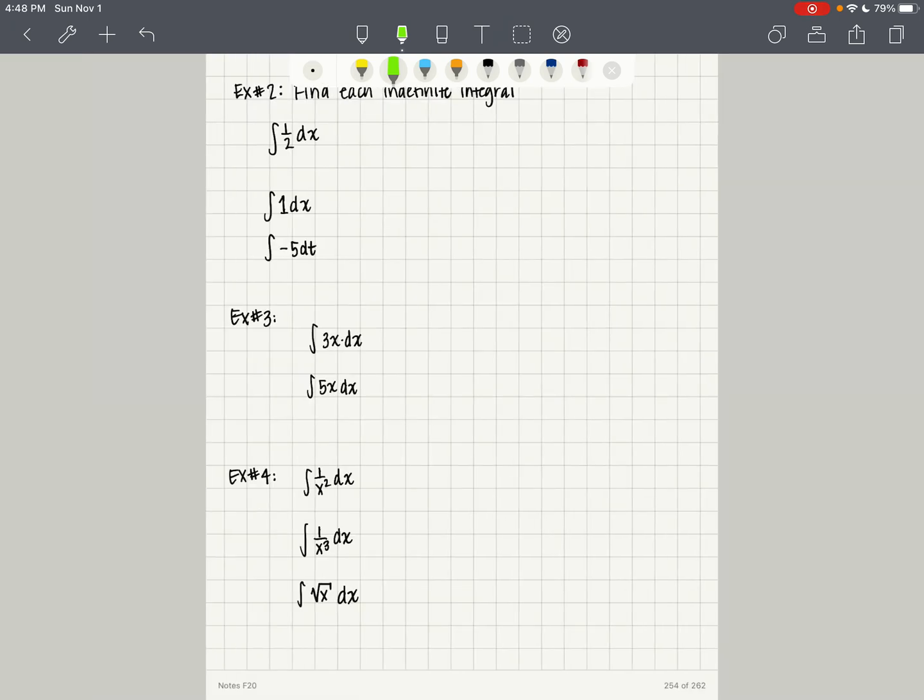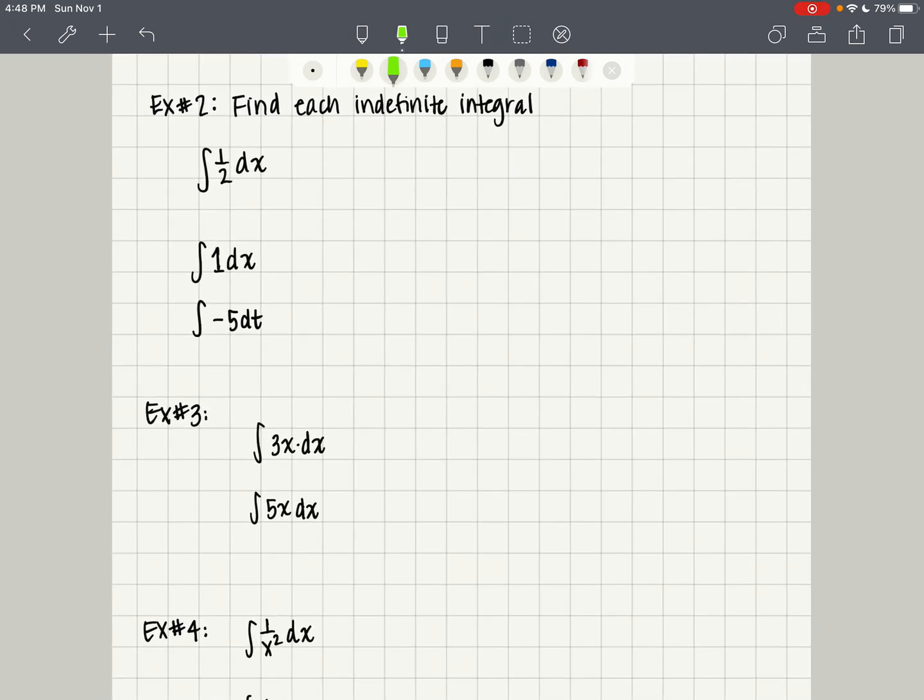Okay, let's practice a few. Here we want to find each indefinite integral. So now I'm going to start using the words indefinite integral. Indefinite integral means the general function that is the antiderivative of, for instance, 1/2.